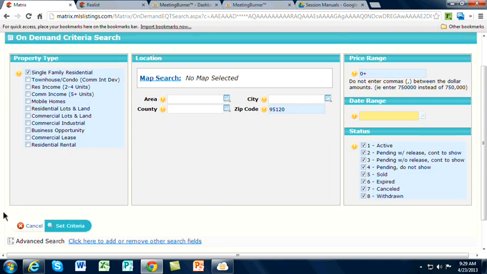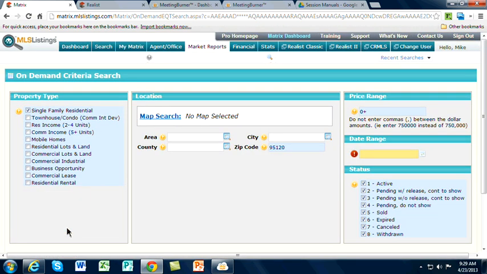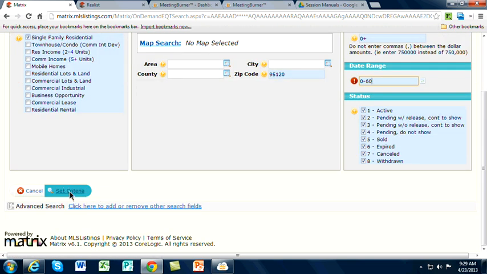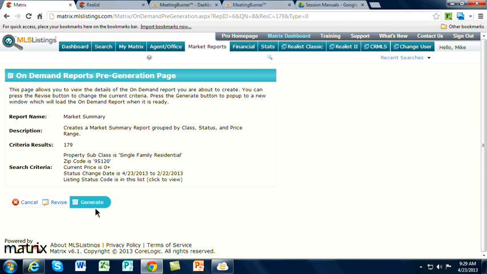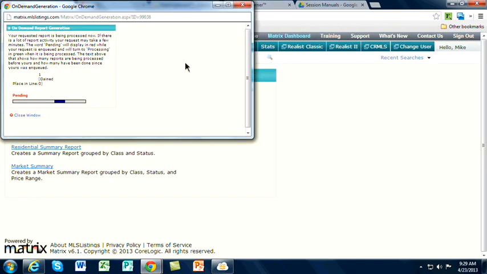Why not? Let's just see what we get if we check them all. Now, some of this you might be thinking that I'm kind of over. What does it want? Oh, date range. 0 minus 60. Let's just keep it simple. And 179, and we hit generate, and this is going to give us another report.